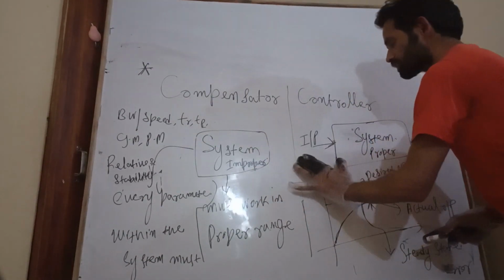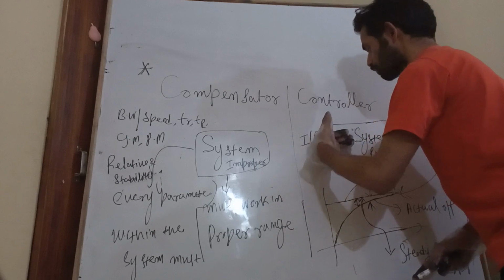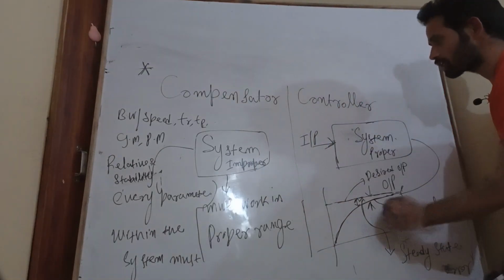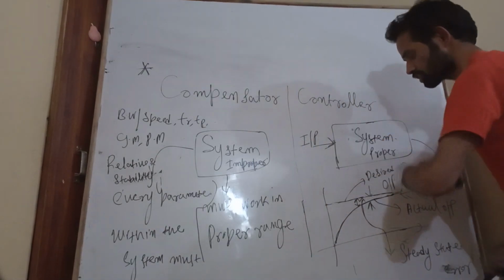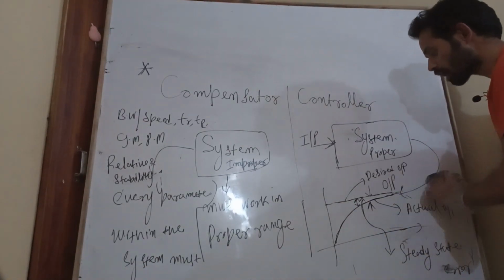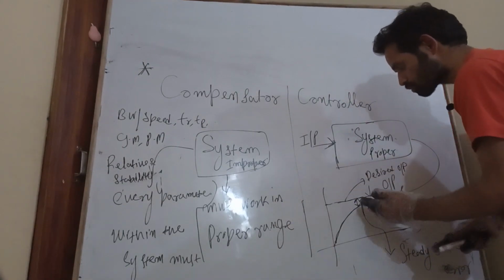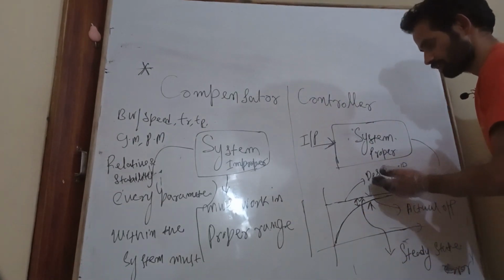Once the system is proper, we are eligible to apply the input to the system. Once we apply the input, we get the output, and this output is our actual output. But our desired output is somewhat different.